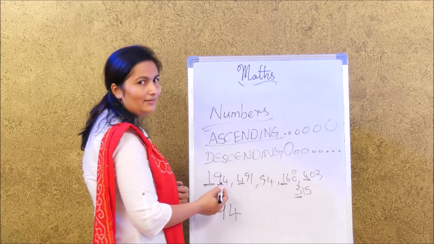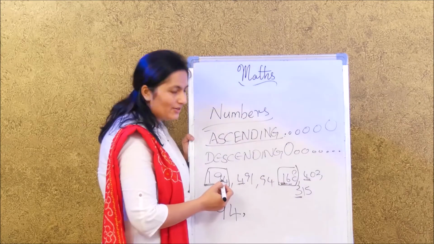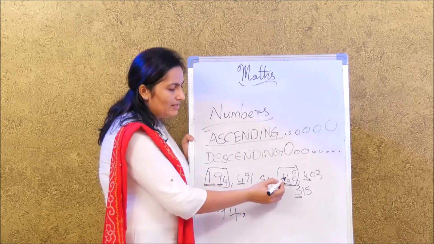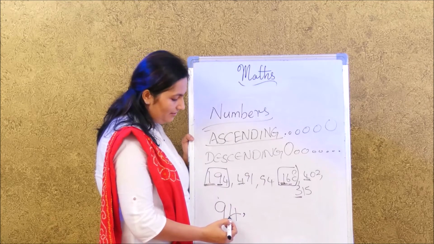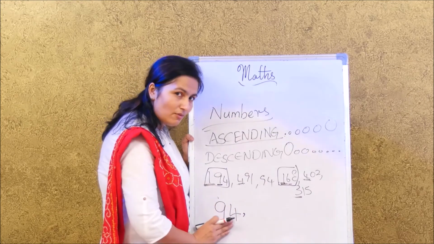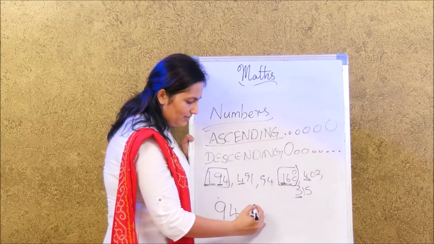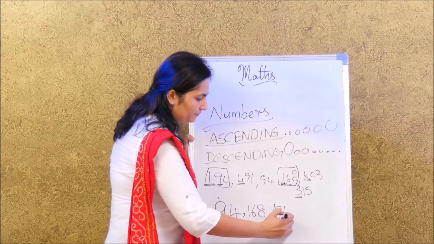So, let us move on to the tens. Here it is 9, here it is 6. We got the answer. 194 is bigger than 168. So, we come back to our question. We are going from smallest to biggest. So, the next smallest number is 168. Then we know it is 194.